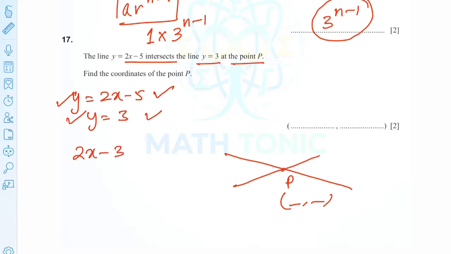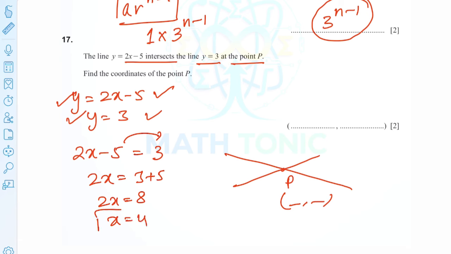So 2x minus 5 equals 3, rearrange it. You'll get 3 plus 5, so 2x equals 8. If you divide both sides by 2, I'm getting x equals 4. The y value is already given, so the point of intersection should be 4 and 3. Easy. So always remember, whenever we have two lines or two curves intersecting, solve as simultaneous equations to find the point of intersection.